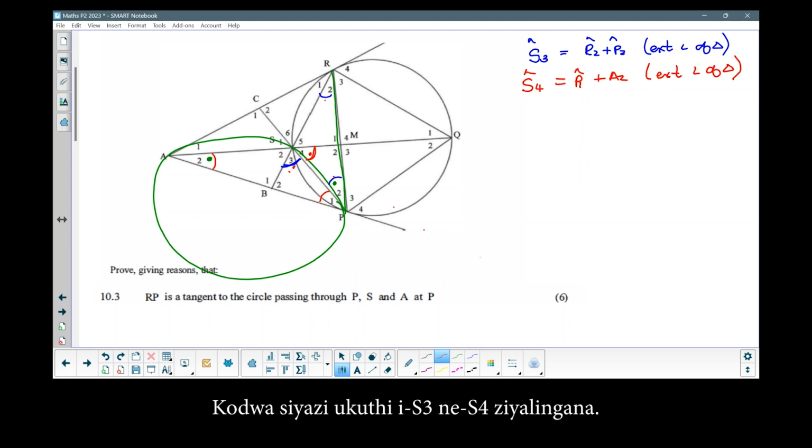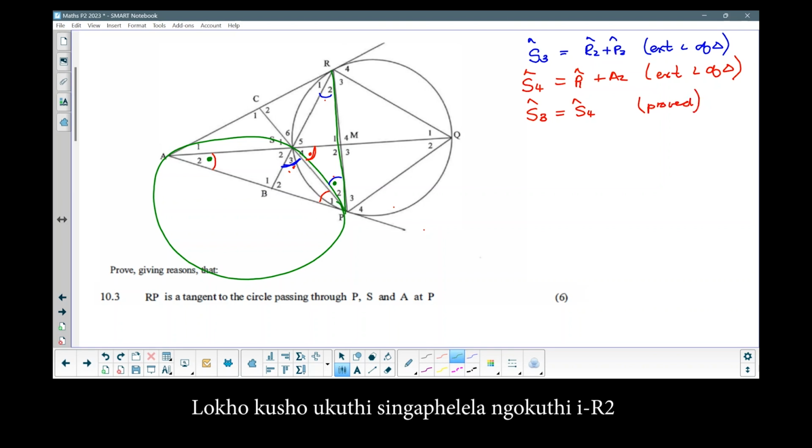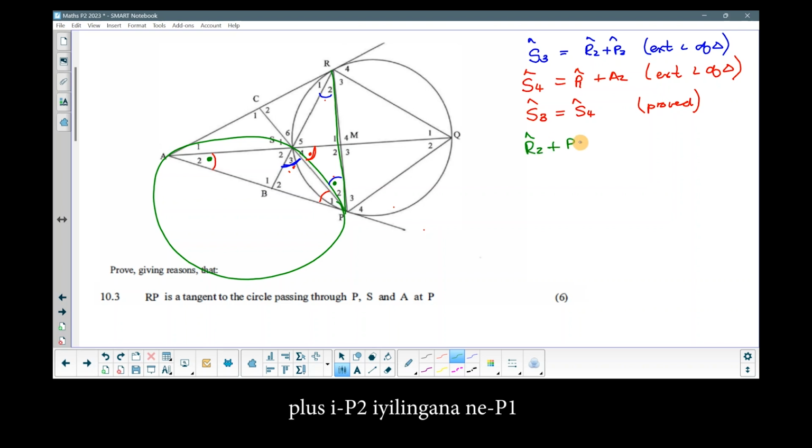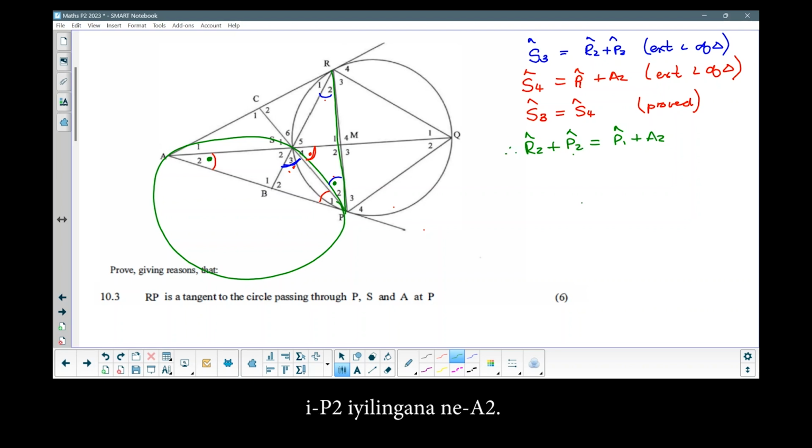But we know that S3 is equal to S4. How do we know that? We proved it earlier. That means we can safely deduce that R2 plus P2 is equal to P1 plus A2. Remember, we're trying to prove that P2 is equal to A2.